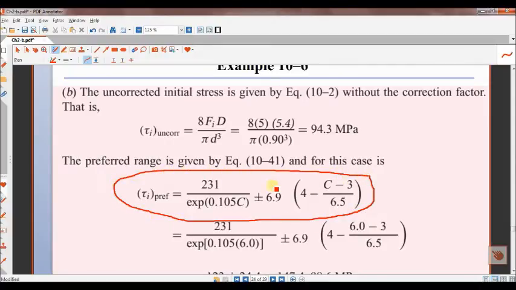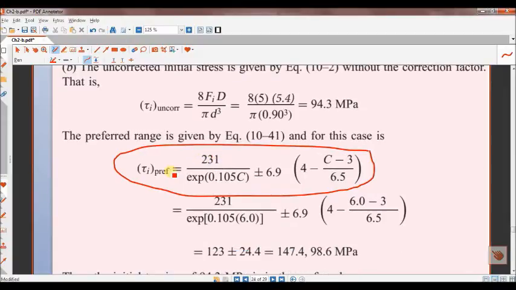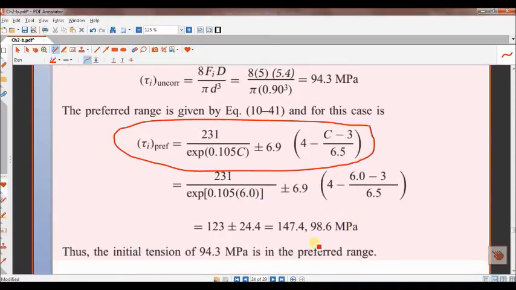The only difference is the constant here, which is 231. So when we substitute C into this equation, we find that initial stress should fall in the range between 98.6 megapascal to 147.